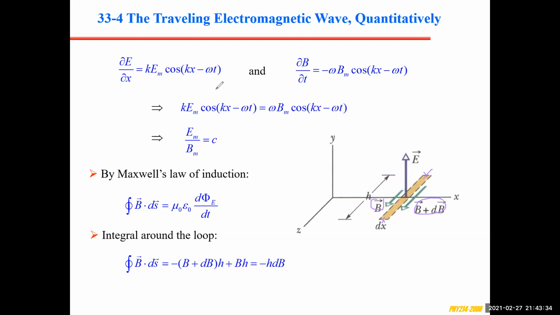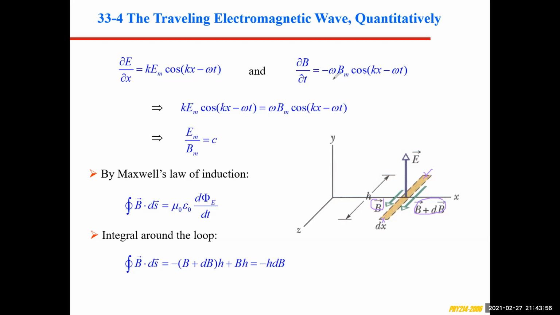Okay, so this part is from the previous slide. You have partial E partial x, and you can substitute E with the sinusoidal form. When you do partial E partial x, you get k times the amplitude, and sine becomes cosine of kx minus omega t.